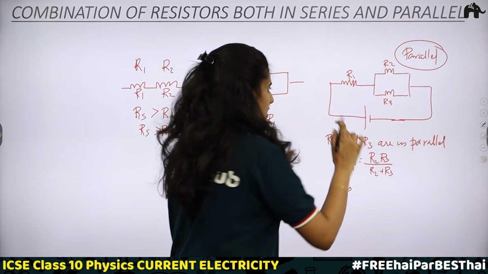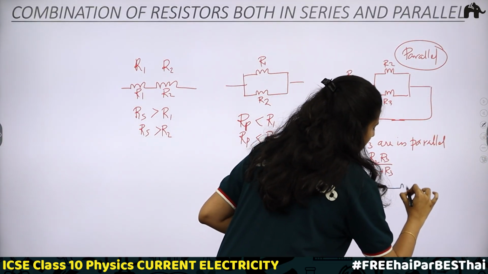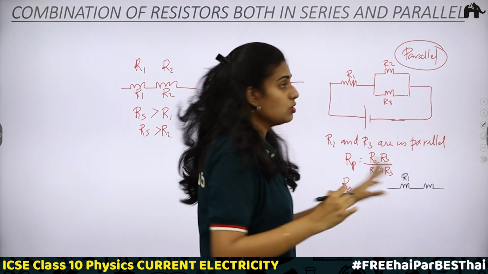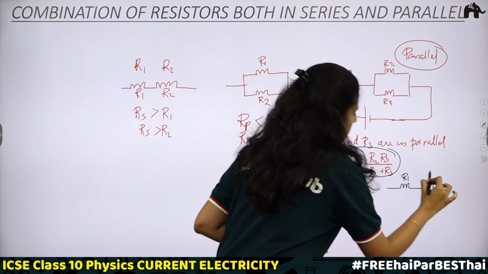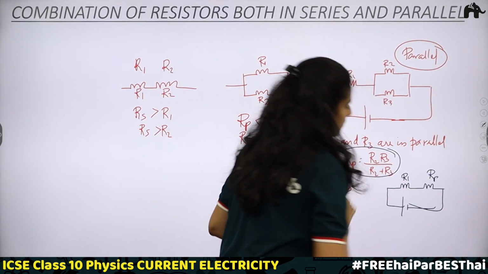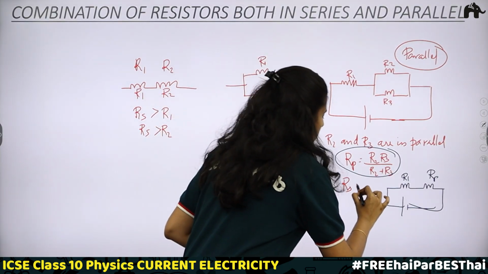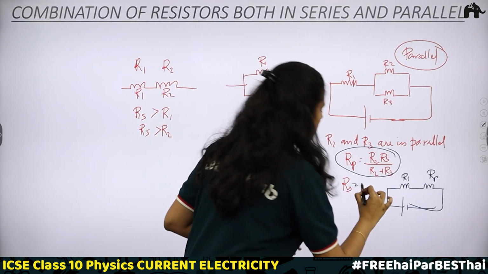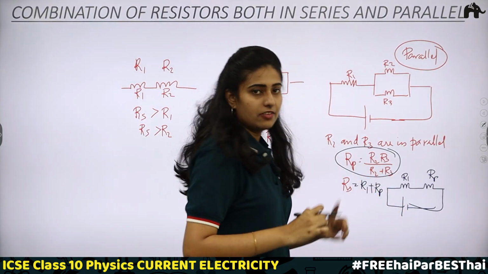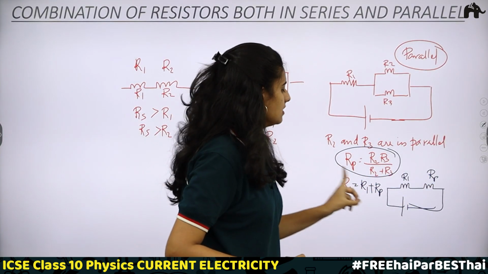So, this is how the equivalent circuit looks. Here you will have the first resistor R1. This is your second resistor, which is the Rp value, connected to the circuit. Now, to get Rs, Rs will be equal to R1 plus Rp. When you add these, you will get the Rs value.